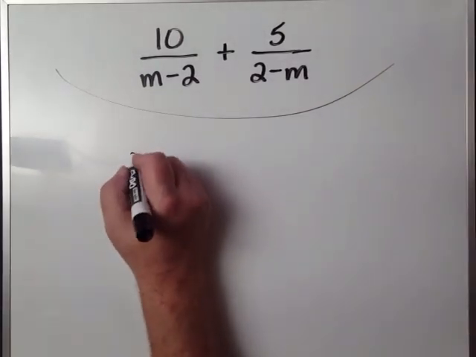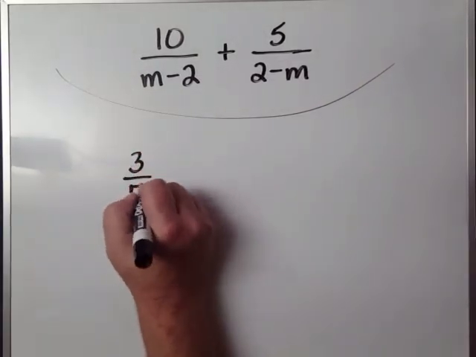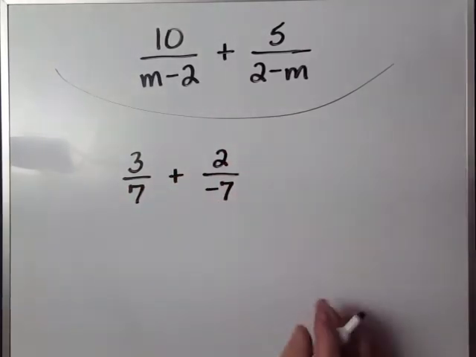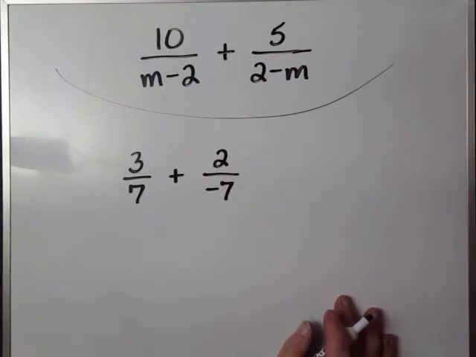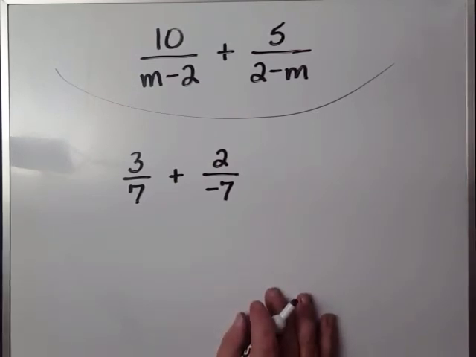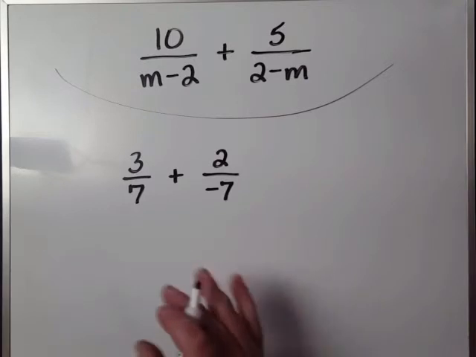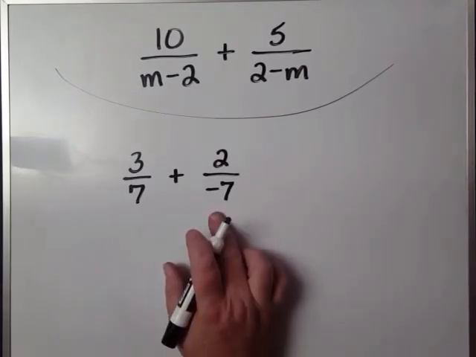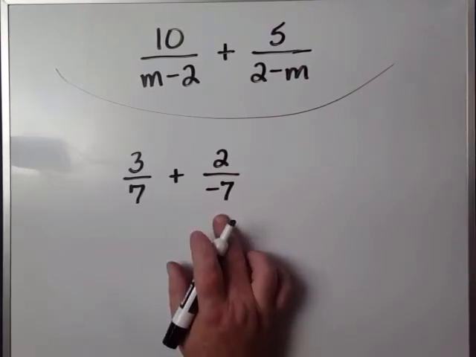Consider, if I ask you to add 3 over 7 plus 2 over negative 7. Well, to add fractions, you have to have a common denominator. So what are we going to do about this? It's not already a common denominator, but they are opposites.